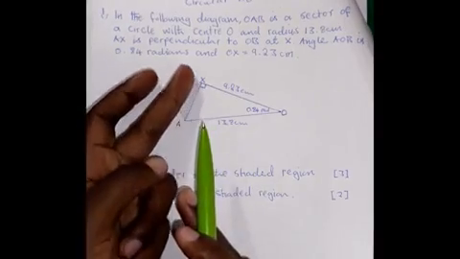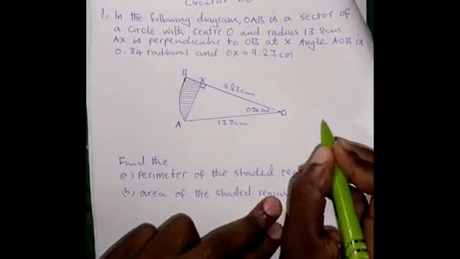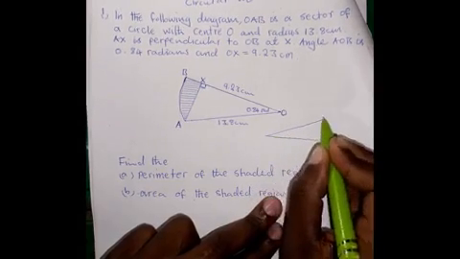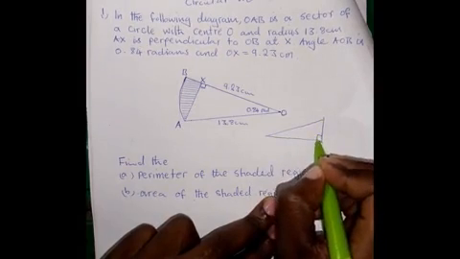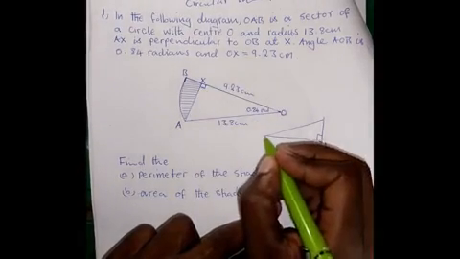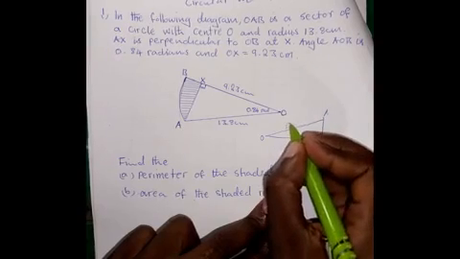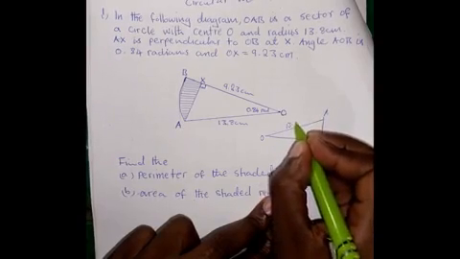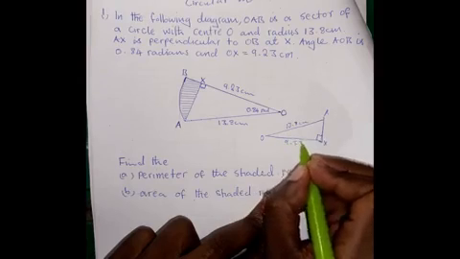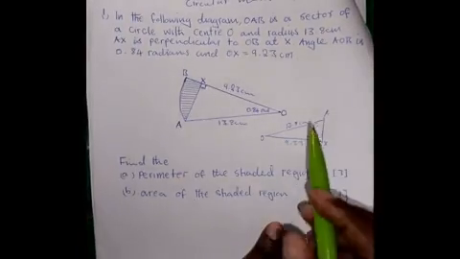Then you have something like this, this is your 90 degrees, this is X, this is O, and this is A. There we have 13.8 centimeters, and here you have 9.23. So what they want us to find is AX.